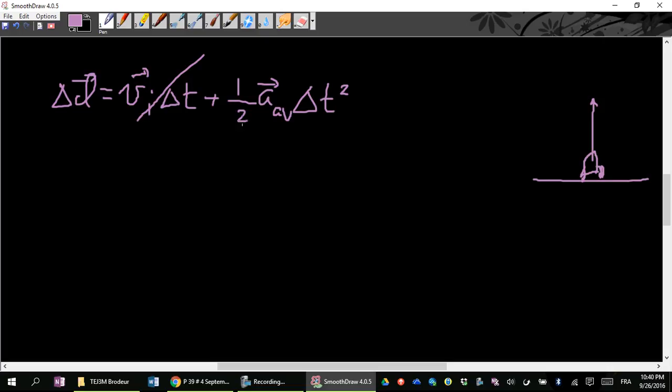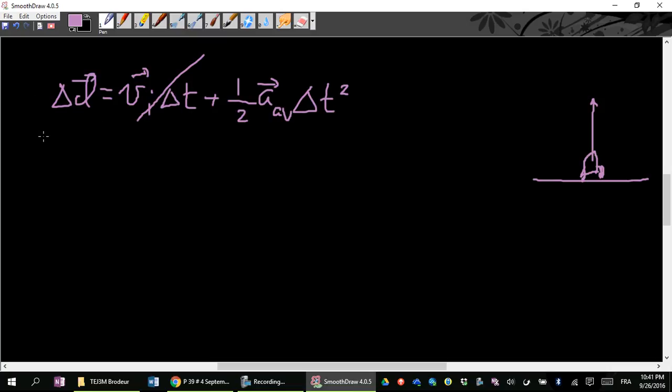So before I start plugging in our values, we should just isolate the acceleration here. So I'm left with 2. We'll multiply here, and then divide by delta T squared.